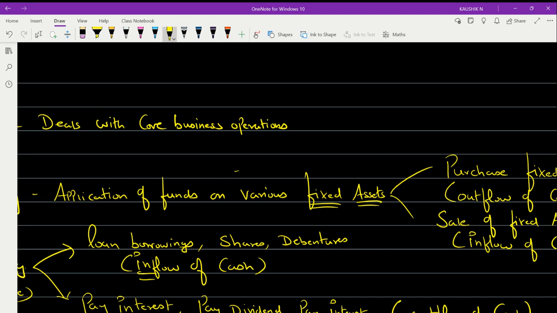So here, when we talk about the core business operations, we can again divide this into two segments. One, the profit you have earned. The amount of profit for the year will be declared as an inflow of cash.